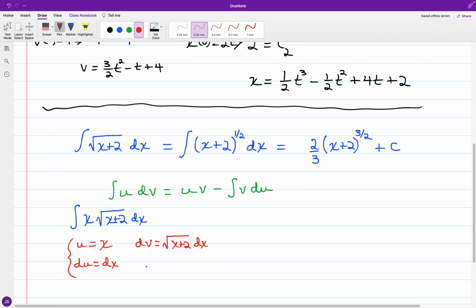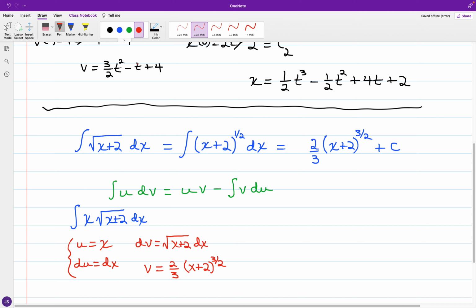Taking the antiderivative of the integral of the square root of x plus 2 dx, this will go to 2/3 of the quantity x plus 2 raised to the 3 halves.